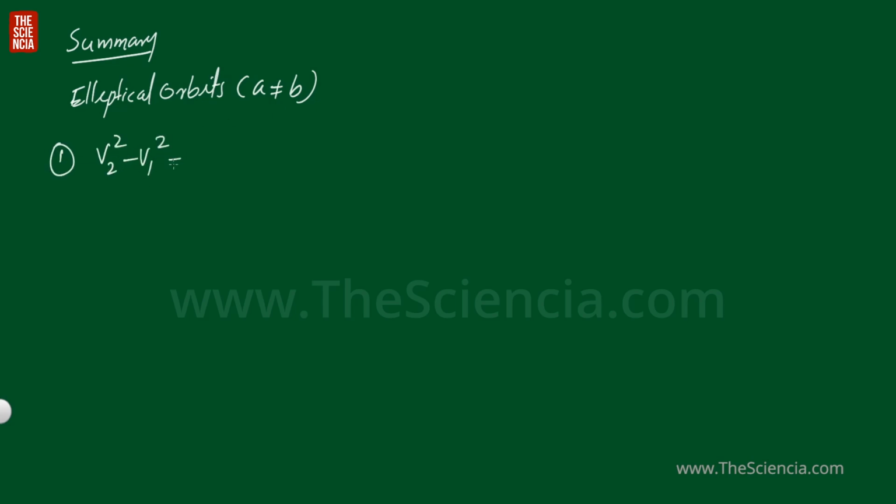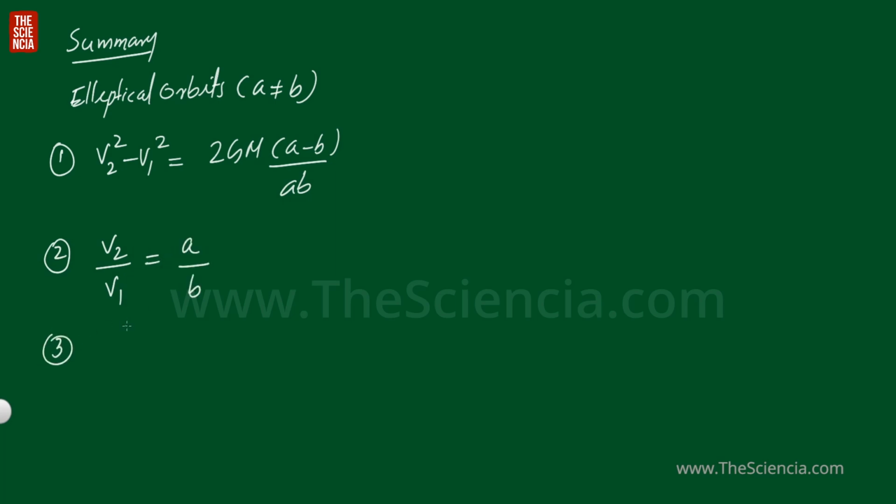Now I am going to summarize all these equations. That is, for elliptical orbits, we know a is not equal to b, and then the first equation, that is v2 square minus v1 square, will be equal to 2GM into a minus b by ab. And second equation, that is v2 by v1 is equal to a by b.